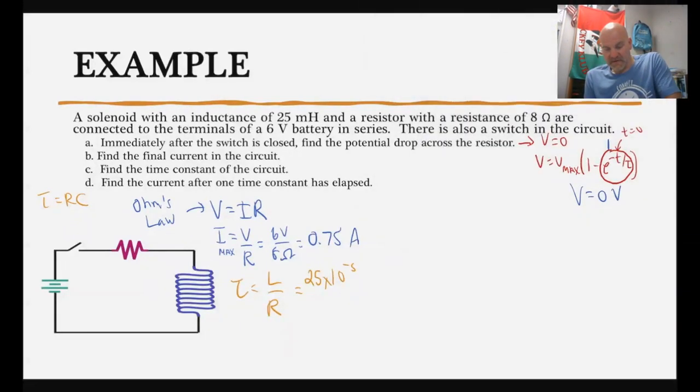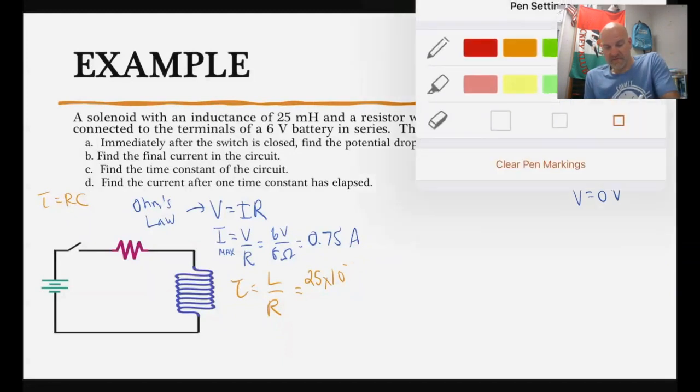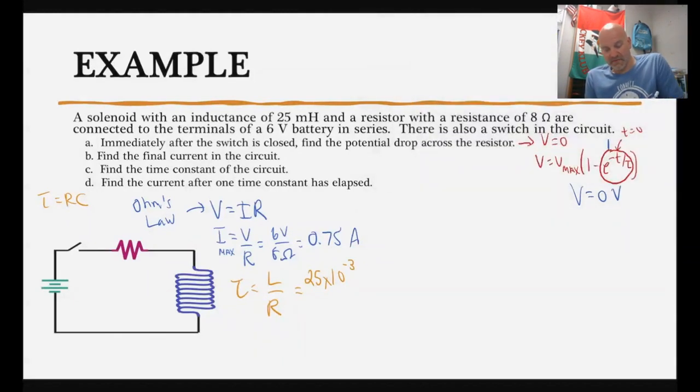So it tells us we have 25 times 10 to the -3 henries divided by our resistance, so 8 ohms. And so our time constant is 3.125 times 10 to the -3 seconds.